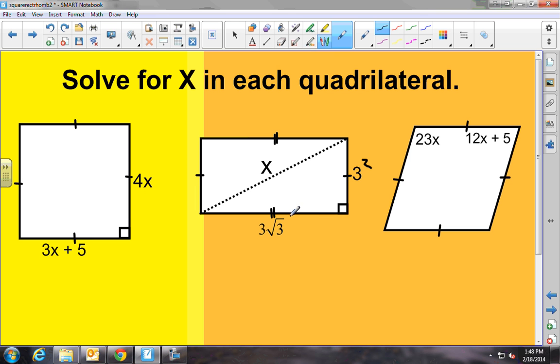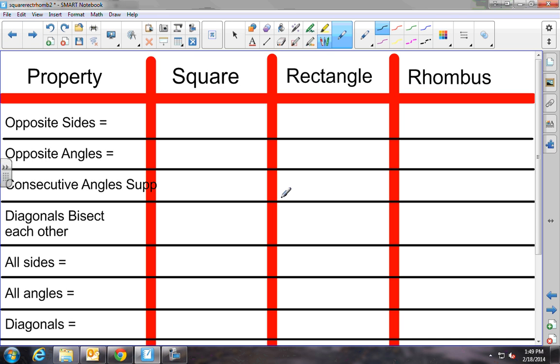A squared plus b squared has got to equal c squared. And over here, you've got to know that consecutive angles in any parallelogram, including a rhombus, are supplementary. So when added together, these two are going to equal 180. So you can see how just knowing the properties helps us set up the problems in order to solve for the variable.